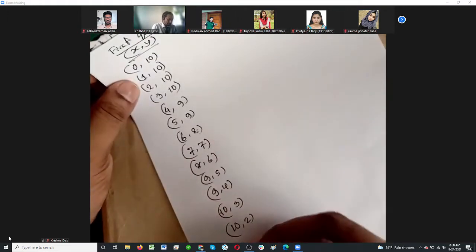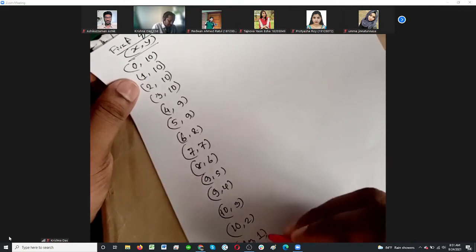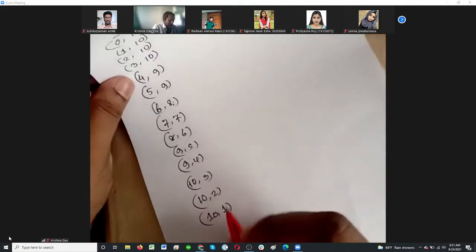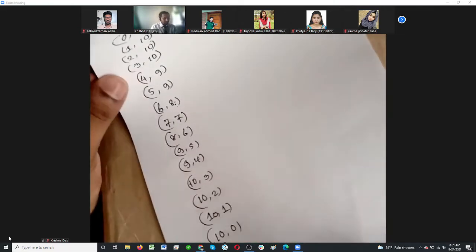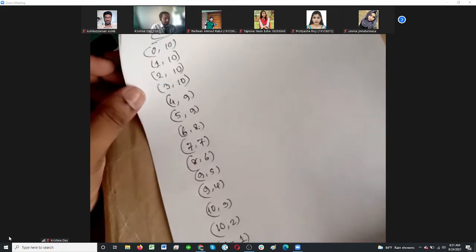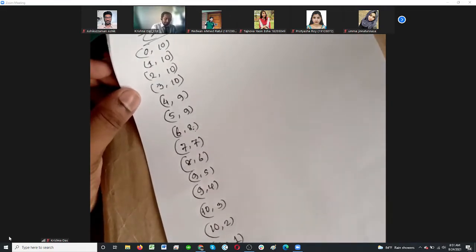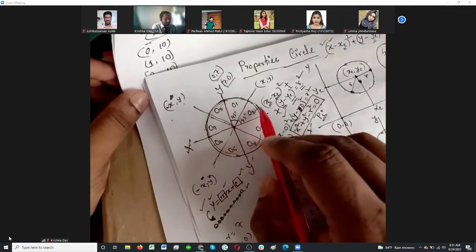Then 1, 10 will be 10, 1. And 0, 10 will be 10, 0. So these are all the points of the first quadrant, from 90 degrees to 0 degrees.